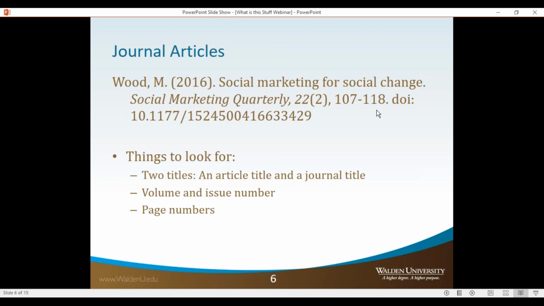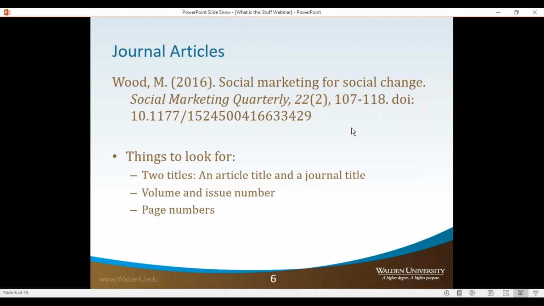Here we have 107 to 118. Those are the pages where you would actually find that journal article. So those are the things to look for when you have a reference citation and you're thinking, hey, what exactly is this? If you see those two titles, volume and issue number, and page numbers, there's a pretty good chance that's a journal article.